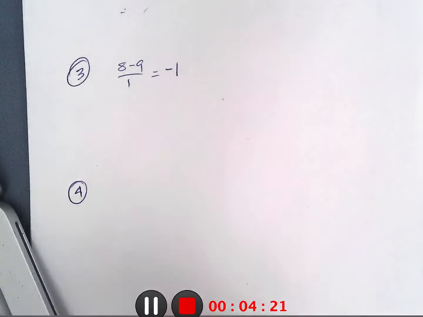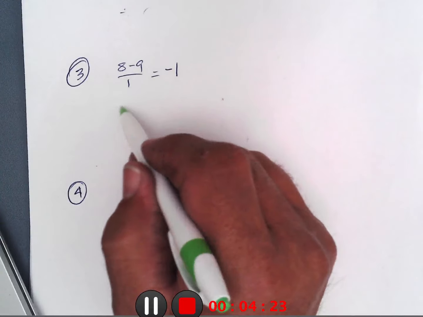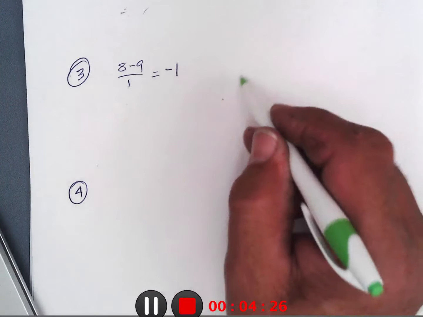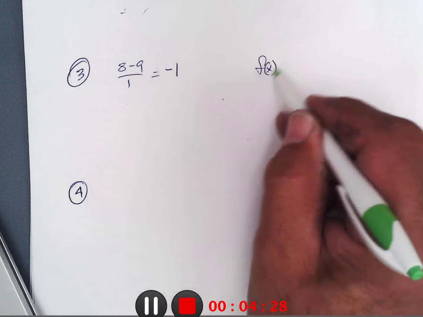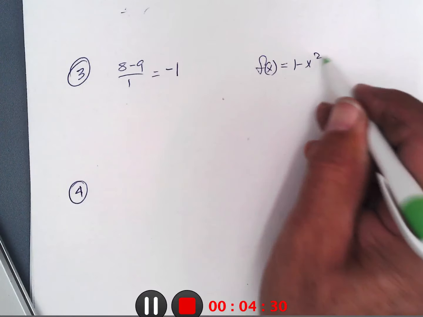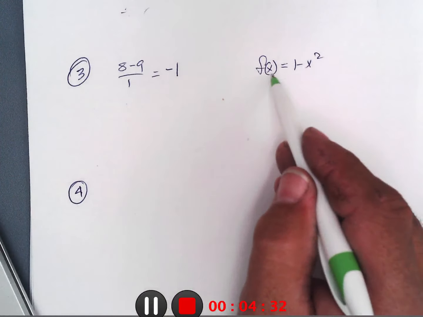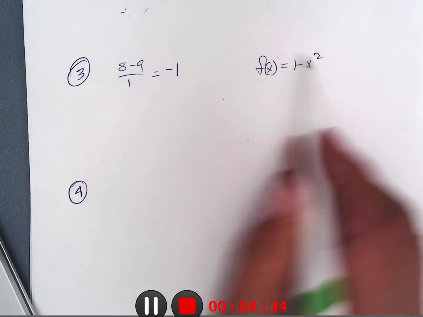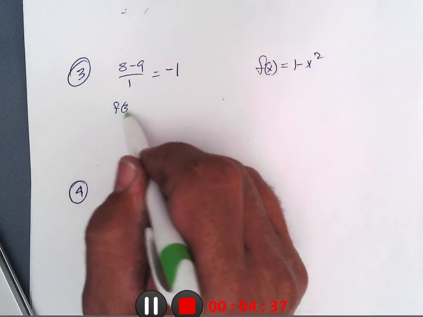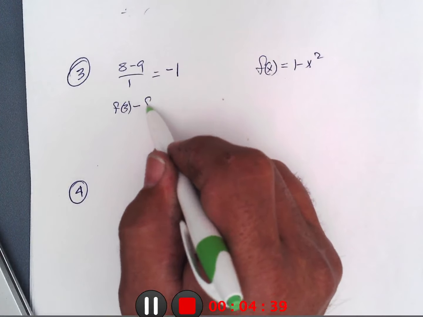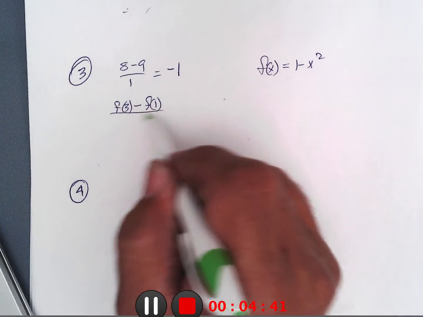And then f of 3 minus f of 1 over 3 minus 1.